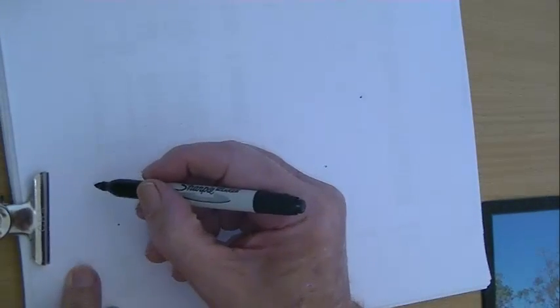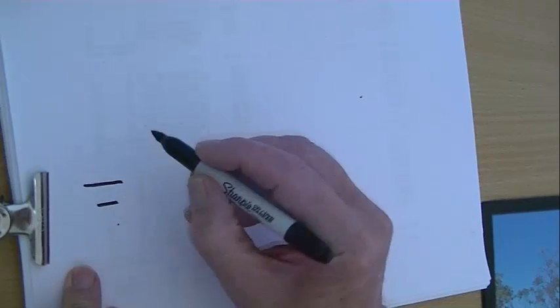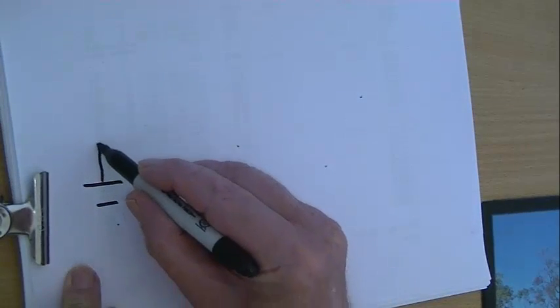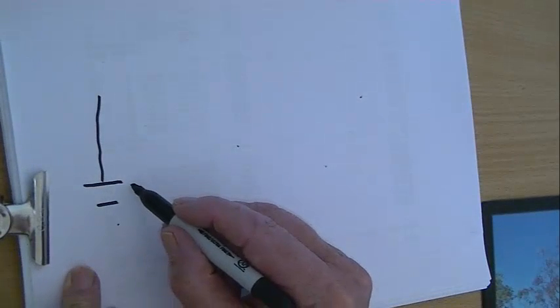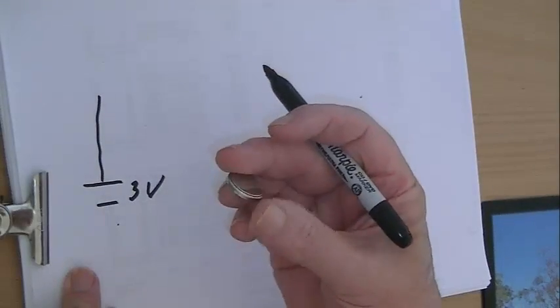Okay, so how do we use all this in the real world? Let's say you wanted to draw a circuit. You'll be drawing plenty of circuits later on, so we might as well introduce them to you now. Here's a simple one. Here's a battery. The battery voltage would be written as, say, 3 volts. Here's my little 3 volt button battery.